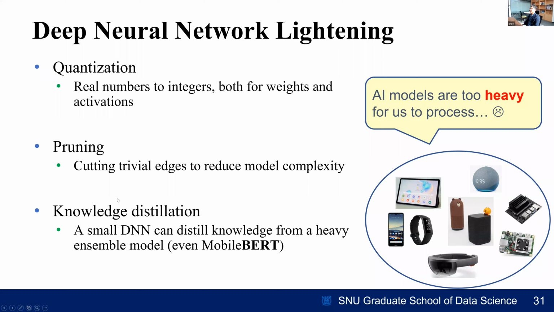The third one is very powerful and very popular these days, called knowledge distillation. The idea is that if there is a heavy but well-performing model, maybe an ensemble model, which is called the teacher model, then a small model called the student model can distill knowledge from the teacher model without mimicking or quantizing the original weights, but with a totally different network architecture.